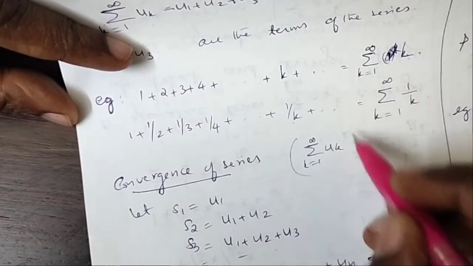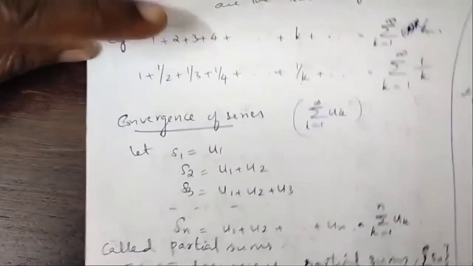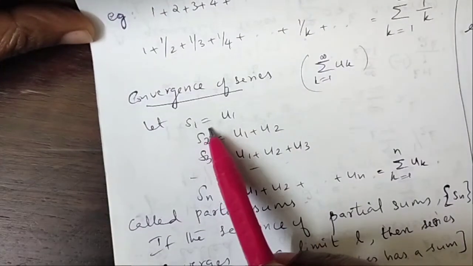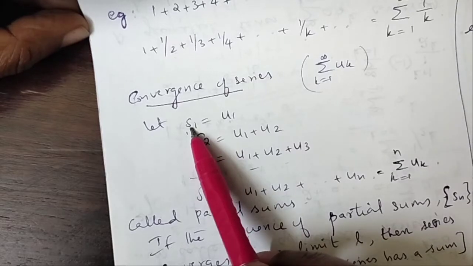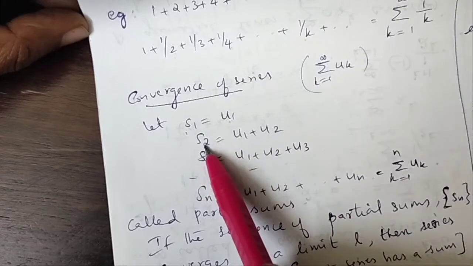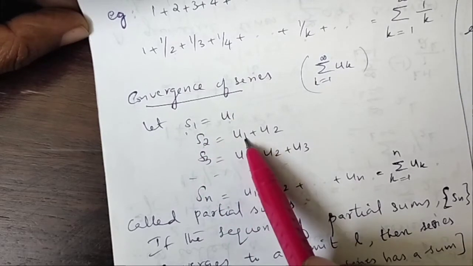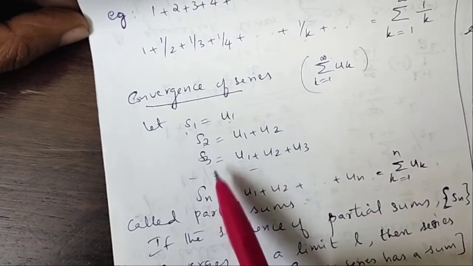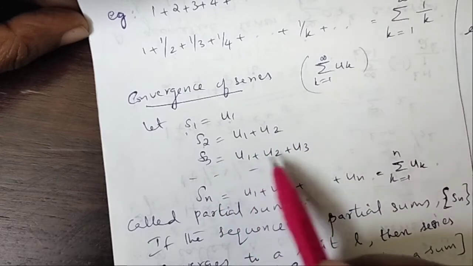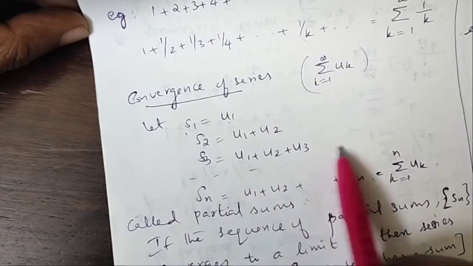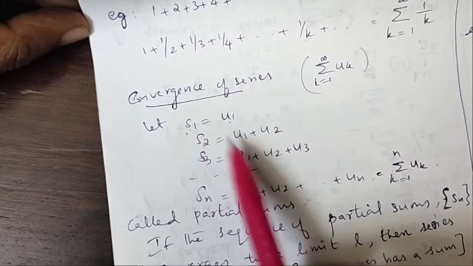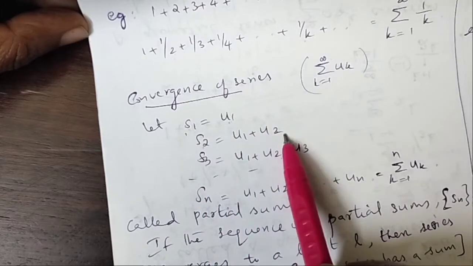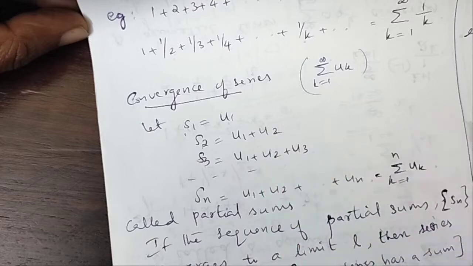Let the first term be s1. S denotes sum. Okay. S2 is sum of two terms, u1 plus u2. S3 is sum of three terms, u1 plus u2 plus u3, etc. So S1, S2, S3 are the sum of the first term, then sum of two terms, sum of first three terms, sum of first four terms, etc.